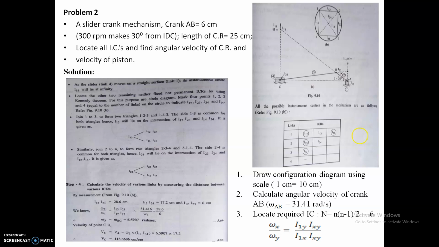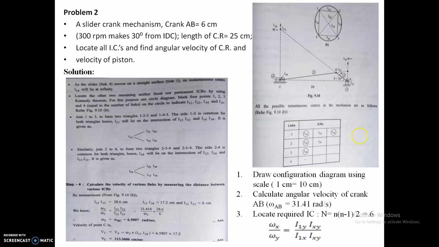The second unknown, we have already located all the ICs in the mechanism. Now the third unknown is the velocity of the slider. Again we have one formula: Vx is equal to omega y times I1y Ixy. Here I am assuming x is link number 4, that is point C, whose velocity is to be determined. C lies on the slider, which I have named link number 4.